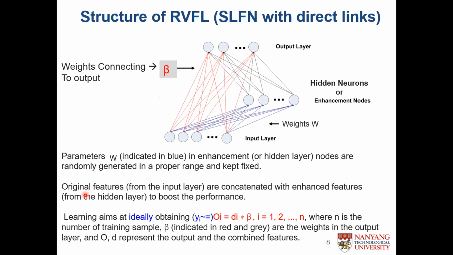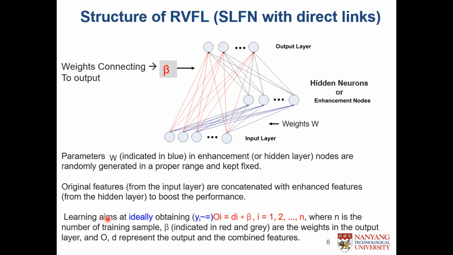What the direct links are doing here is to concatenate the original input features with the outputs coming from the hidden neurons. So the outputs of the hidden neurons will be concatenated with the input features. That is what the direct links are doing.